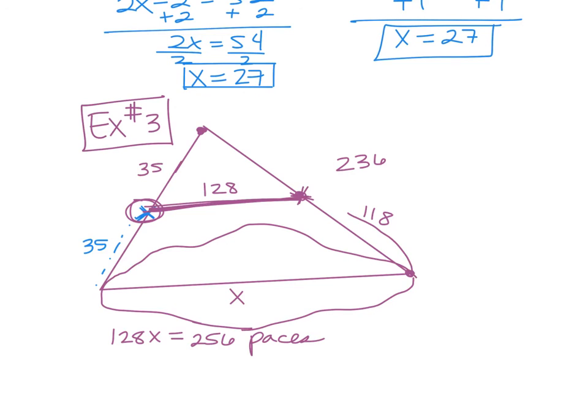And we said a pace is about 3 feet. What do you have to do with that number then? Multiply by 3. So 256 times 3 comes out to 768 feet across the lake. So depending on what his coach told him he had to swim, he knows it's 768 feet across the lake. If he had to do miles, he's got to do a few laps.